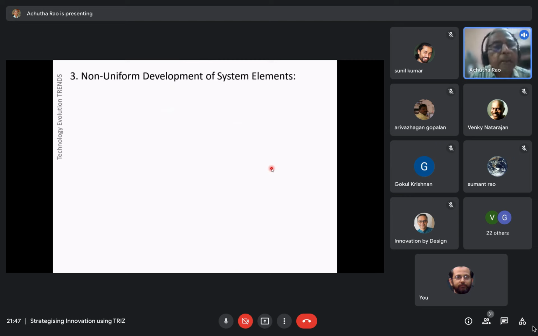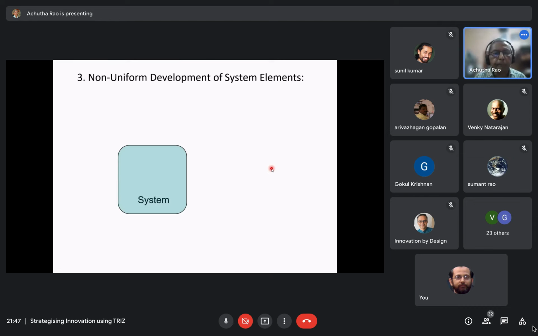So another one is non-uniform development of system elements. Again, another new concept brought in so that your innovation does not fail. When we create a system, we actually borrow a lot of things, right? Subsystems. For example, your laptop requires a chip, right? Say an Intel chip, etc. But the laptop manufacturer does not have any control on the subsystem. They might be developed together or independently.